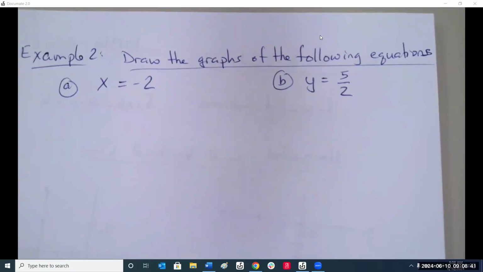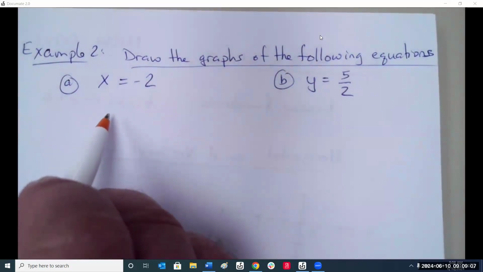I use the term equations, not functions. Why? What is a function? How do we know what a function is? Each x value corresponds to one and only one y value. So it has to satisfy the vertical line test. If the vertical line crosses more than one point, then it's not a function.